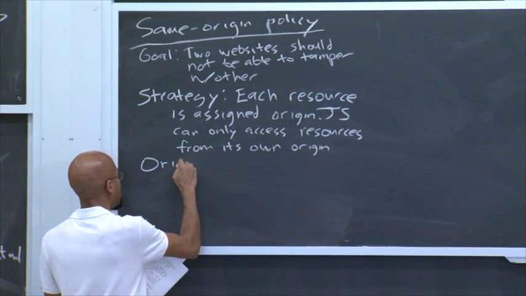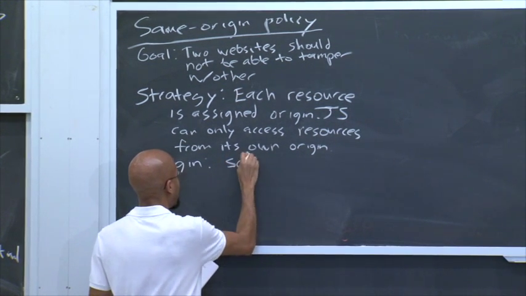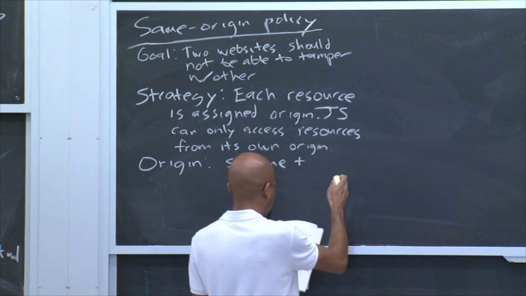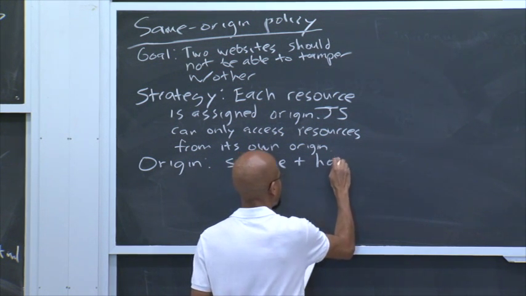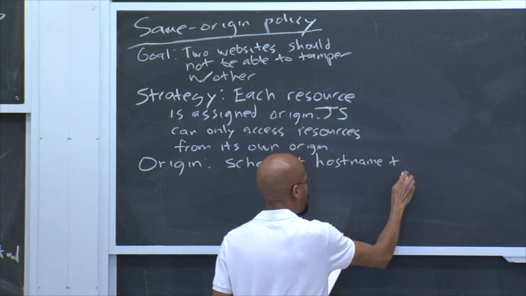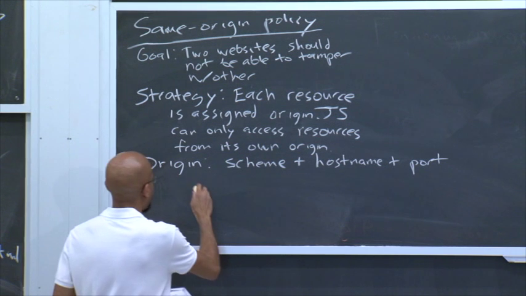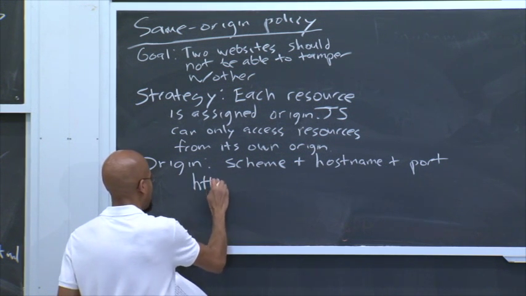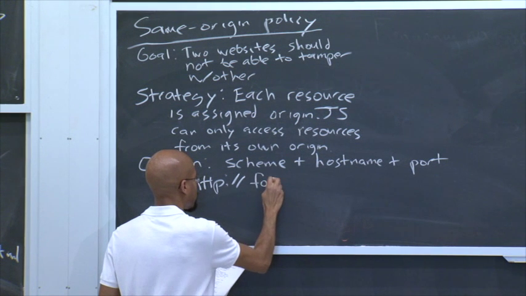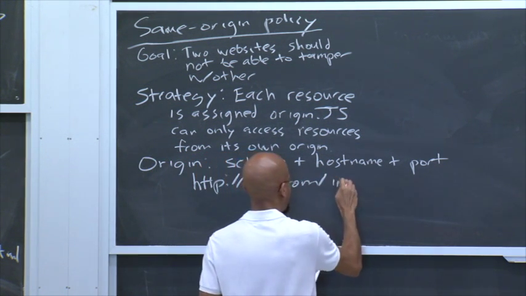So an origin is basically network protocol scheme plus host name plus port. So for example, we could have something like HTTP, foo.com, and then maybe it's index.html.